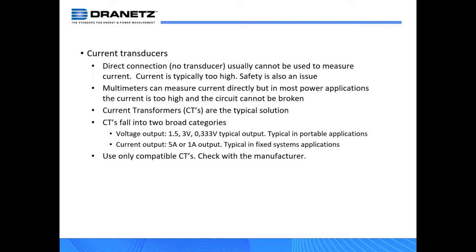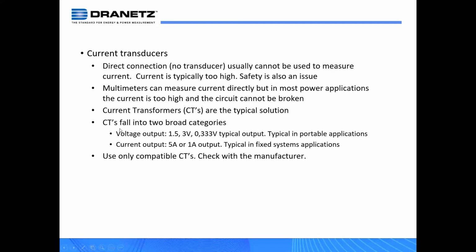A CT, a true CT, as you well know, will basically have a current primary and a current secondary. And in the industry, it's usually 5 amp secondary or 1 amp secondary, 5 amps being the most common.